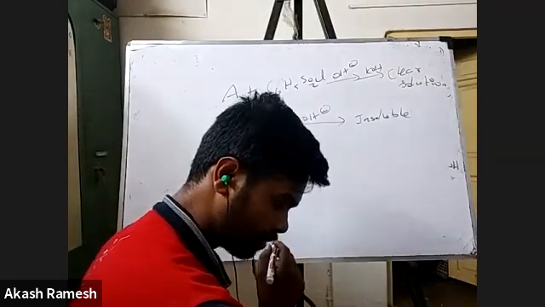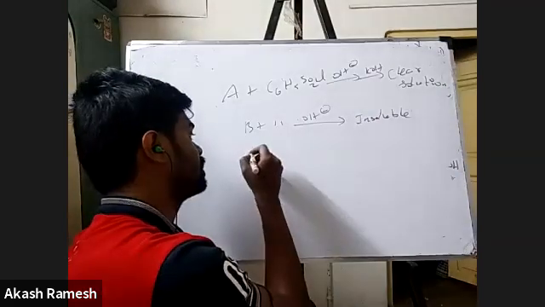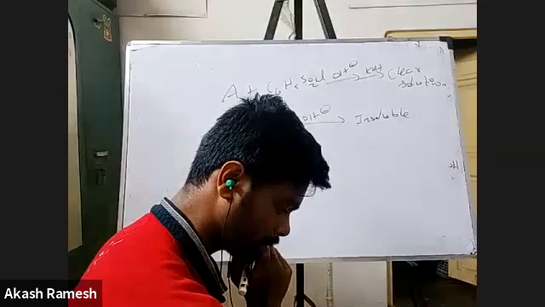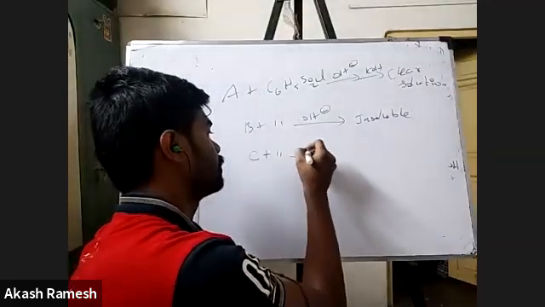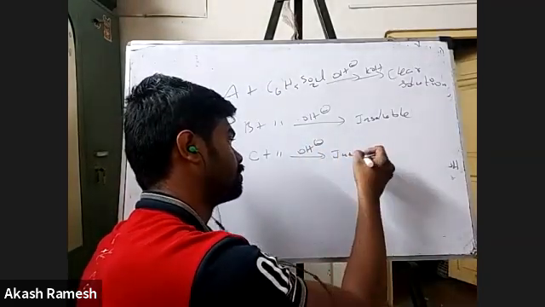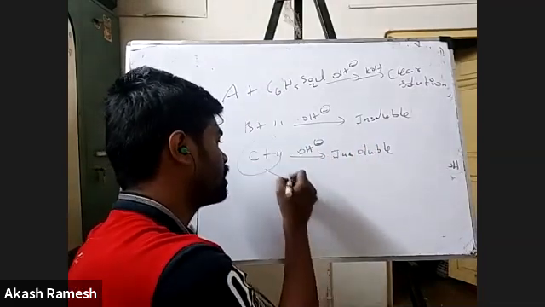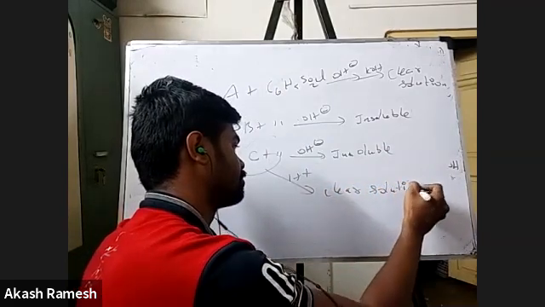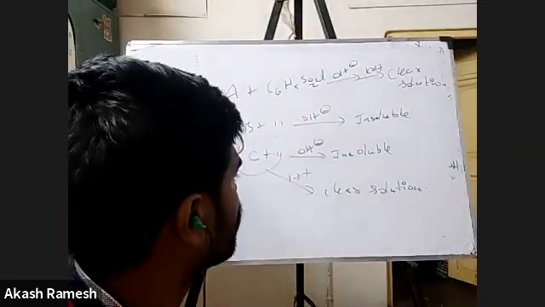Okay, and if I put C with this, I'm putting OH minus, so I'm saying that it is insoluble, right? But if this thing is dissolved in H plus, I am forming a clear solution. Okay, right? So A, B, C are different compounds, right?